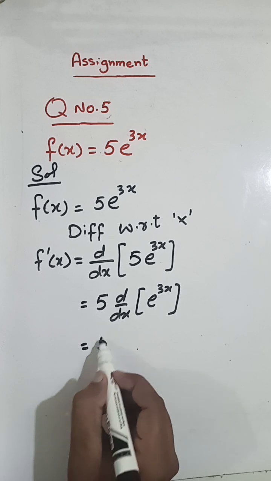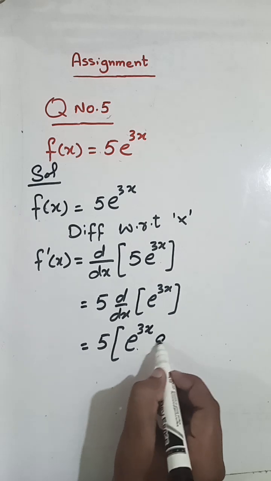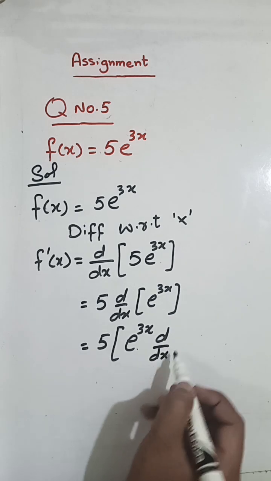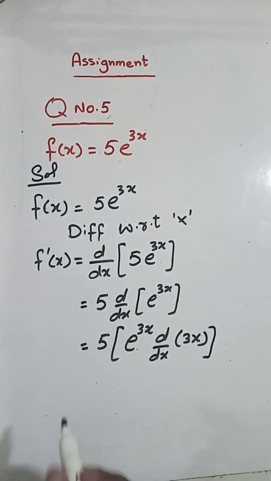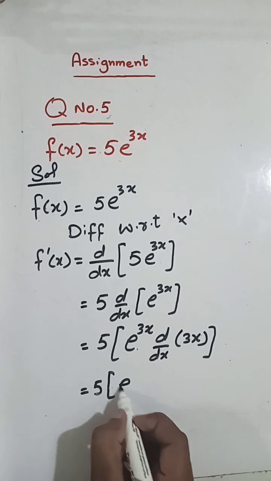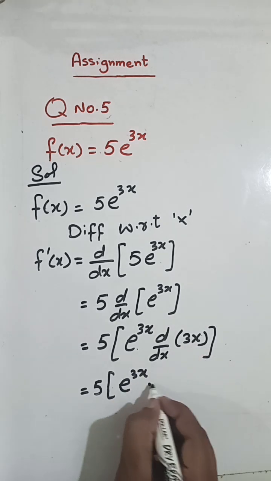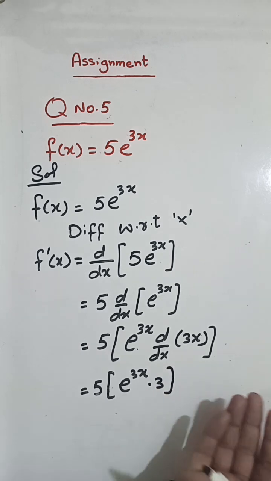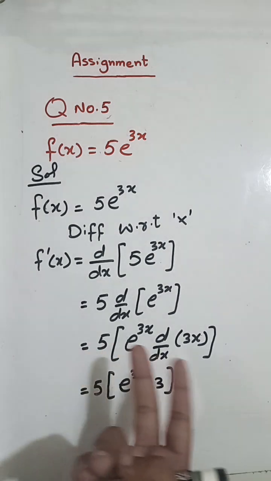So my dear brother, e raised to power 3x first of all stays the same, then the derivative of the power. What is the power? What is the exponent? It is 3x. The derivative of 3x is simply 3, just as the derivative of 2x in the previous question is simply 2.